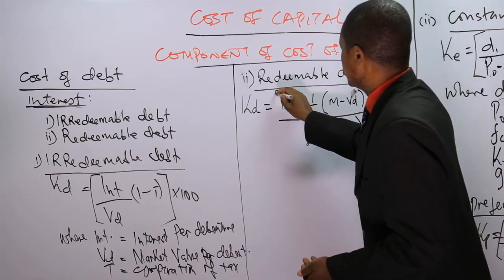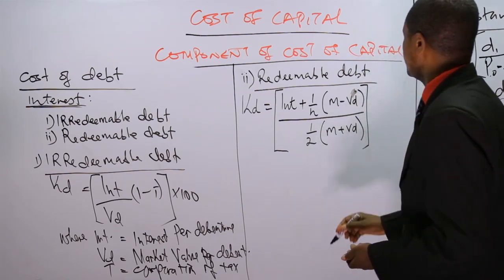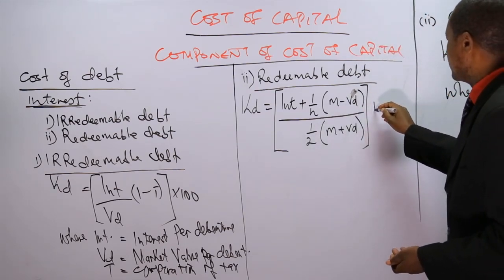So that is the before tax formula. Then you apply 1 minus T.